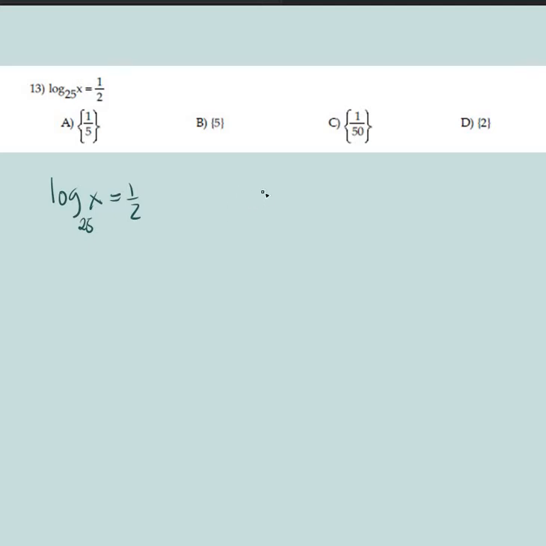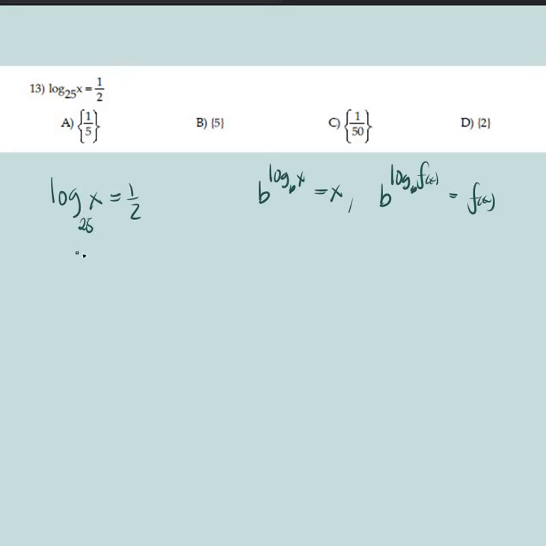And there's one rule that says b to the log base b of x is equal to x, because b to the x and log base b of x are inverse functions of each other. And we can put this as a generalization: b to the log base b of f(x) is going to be f(x), right?